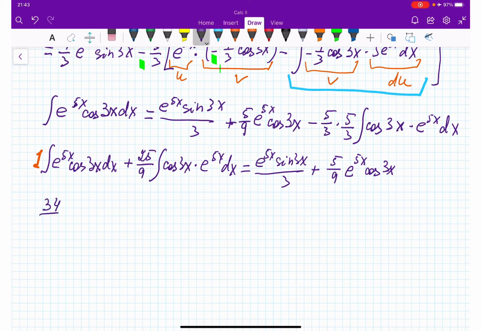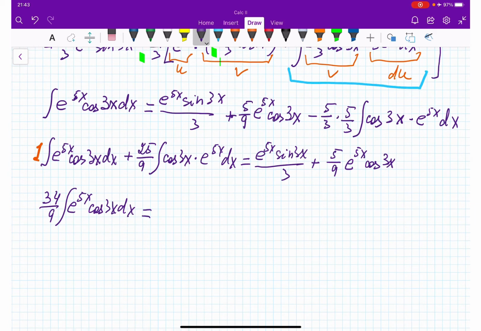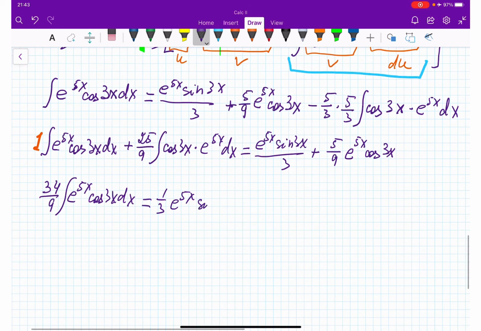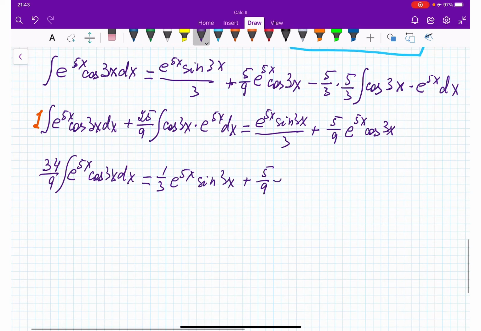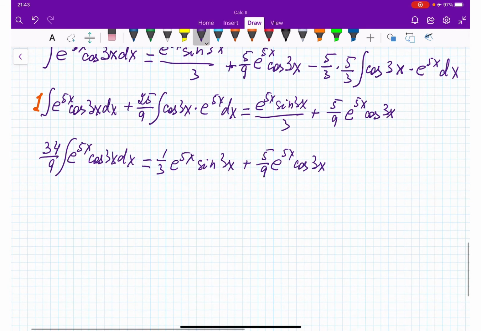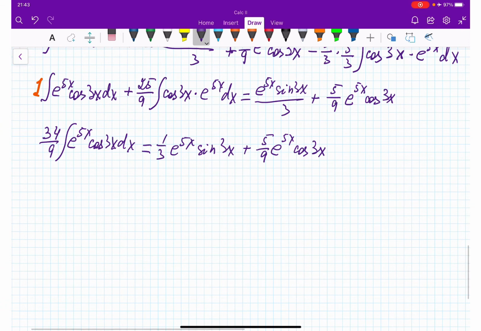We get 34 over 9 integral e to the power 5x cosine 3x dx equal to 1/3 e to the power 5x sine 3x plus 5 over 9 e to the power 5x cosine 3x, right? Now all I have to do is divide the entire equation by 34 over 9.